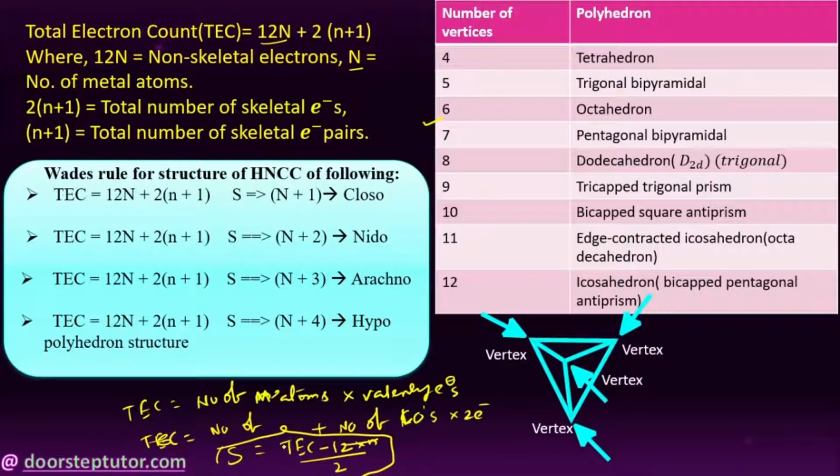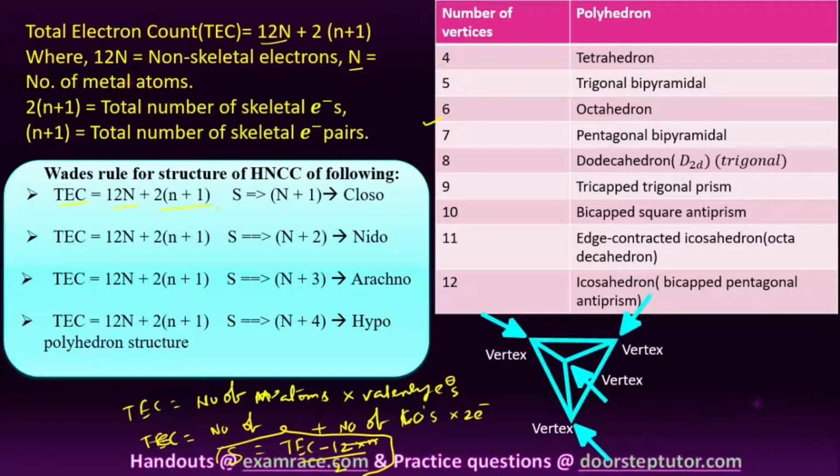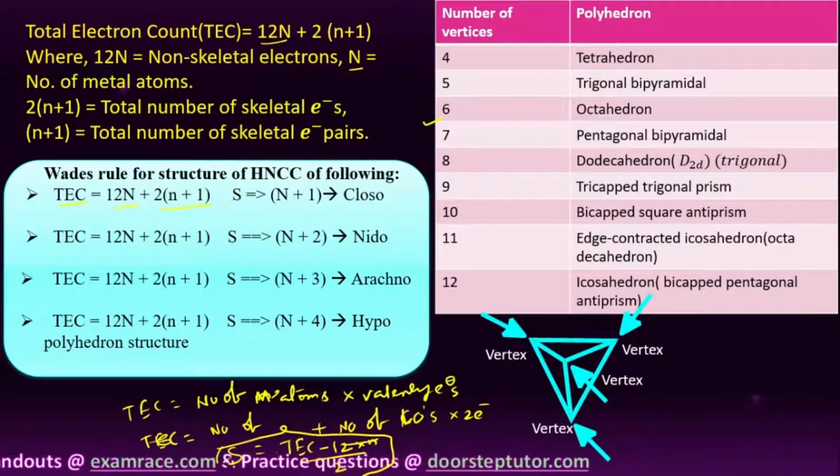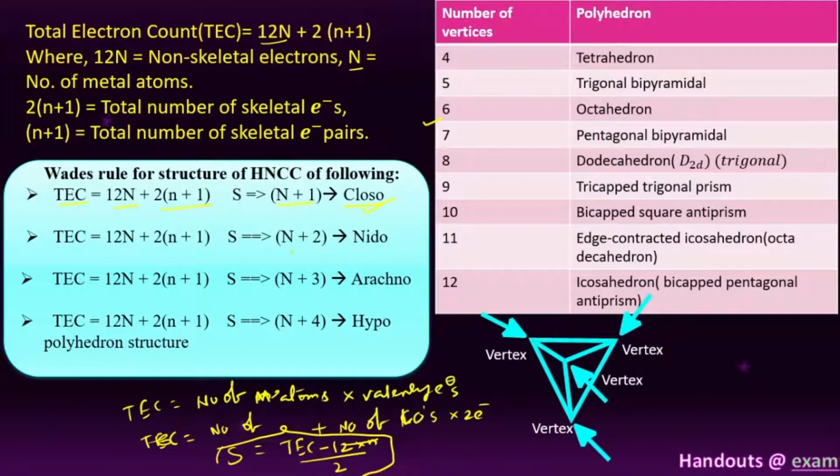Right, so Wade's rule for the structure of high nuclear carbonyl clusters is as follows. Total electron count is equal to 12 into n plus 2 into n plus 1, where skeletal electron pairs is equal to n plus 1. If S satisfies n plus 1, the structure is closo. If S is equal to n plus 2, it is nido.